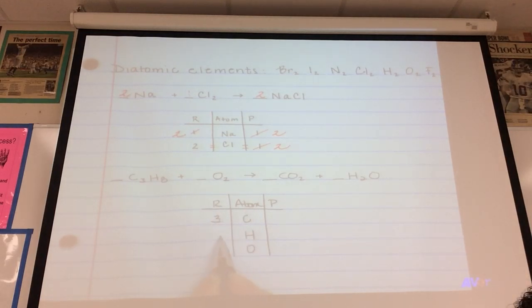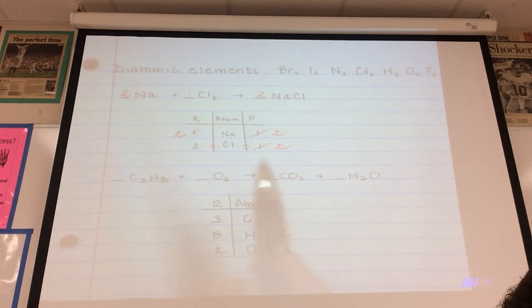How many hydrogen? How many oxygen? On the right, carbon, hydrogen, oxygen. And you'll see in these combustion reactions, the C, H, O always goes 1, 2, 3 on the right. When you balance combustion reactions, balance them C, then H, then O.